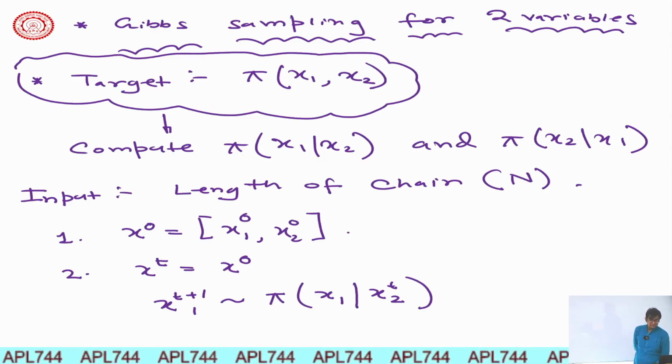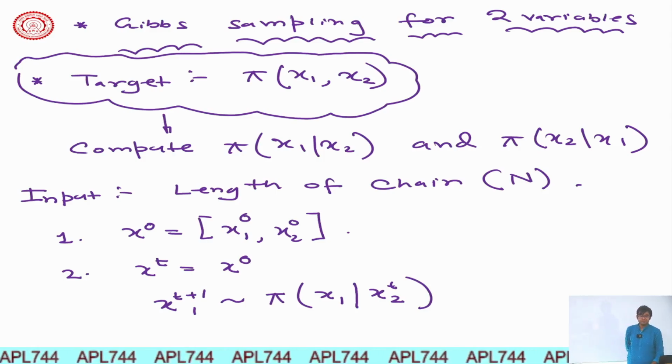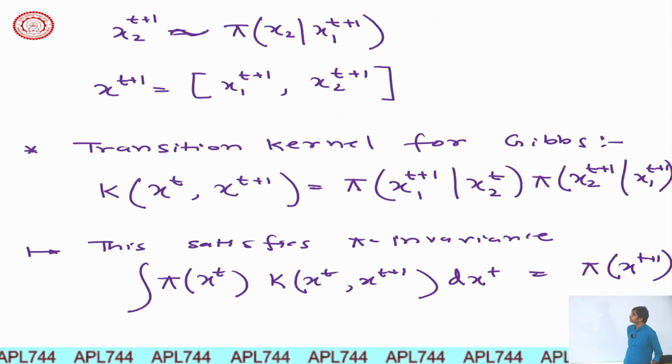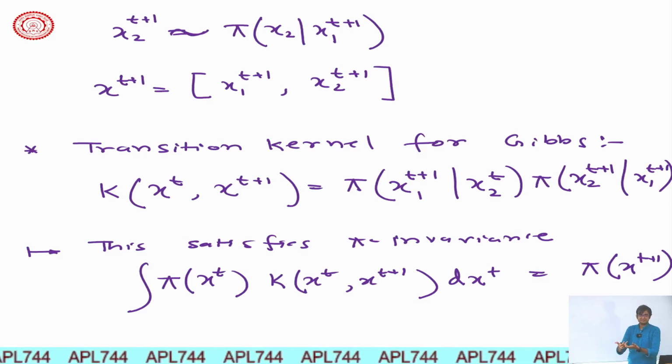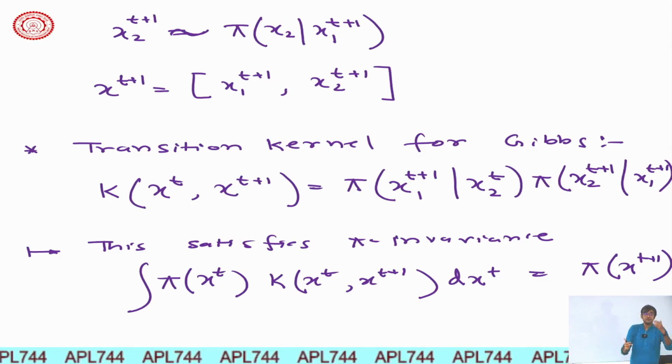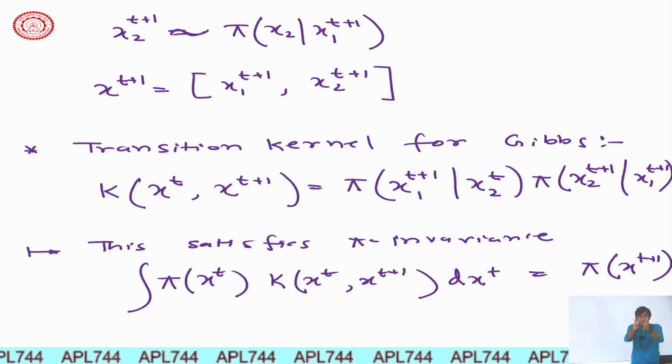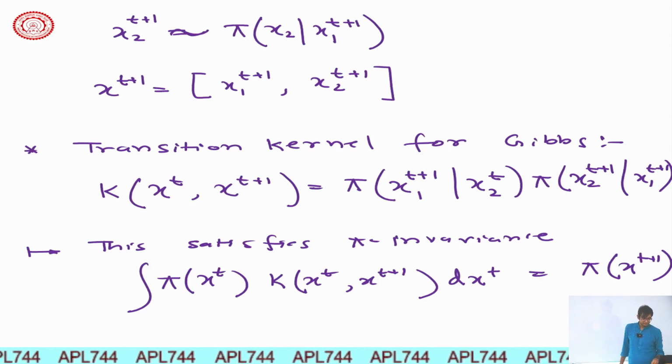Then what am I doing? I am getting x1 t plus 1 by drawing a sample from that conditional. I am getting x2 t plus 1 by drawing a sample from that conditional. So my transition kernel should be the product of those two, because that's how I am transitioning. If I have to go to you, I will go from you to her to you. So that's what I am doing. I am going from here to there and from there to here. That's what it is. Okay.